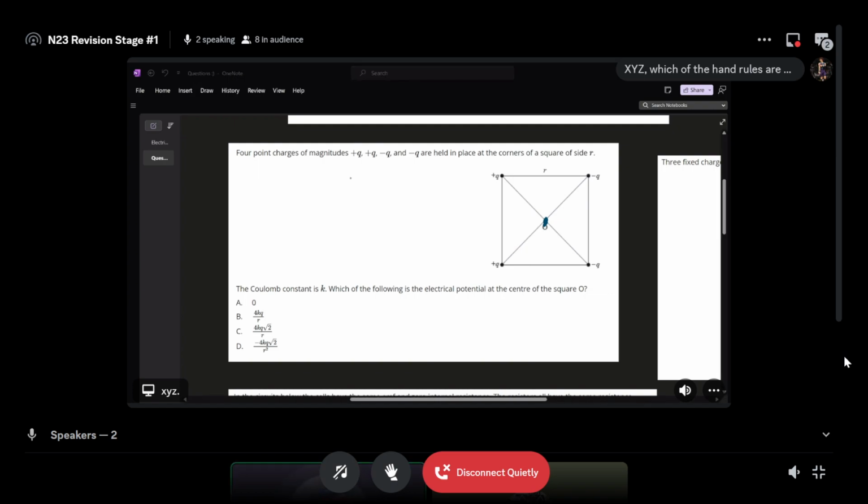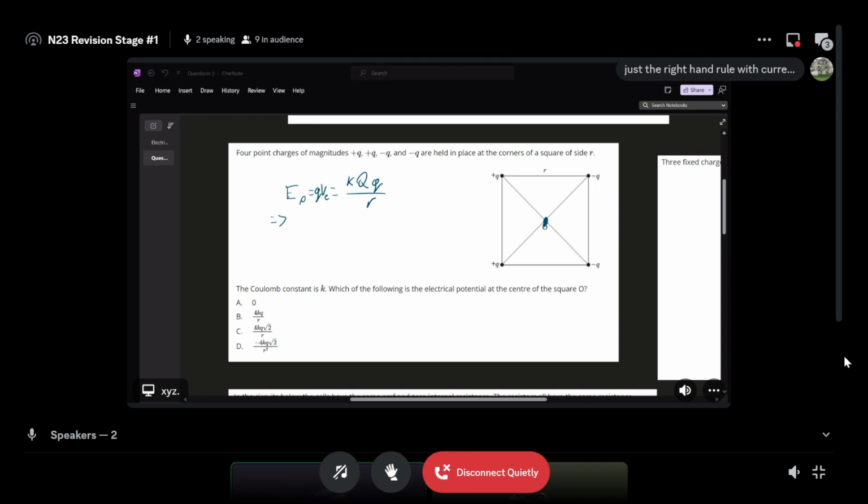So electric potential is basically the same as the force because we're told, but this is the potential energy and the electric potential, which is equal to QVE.